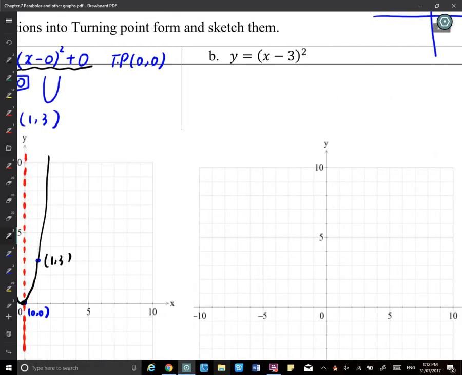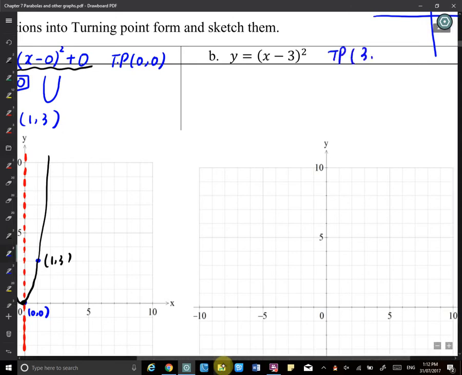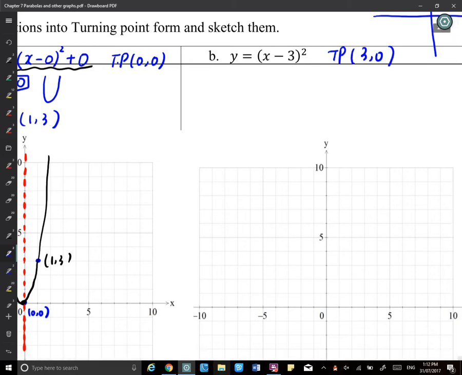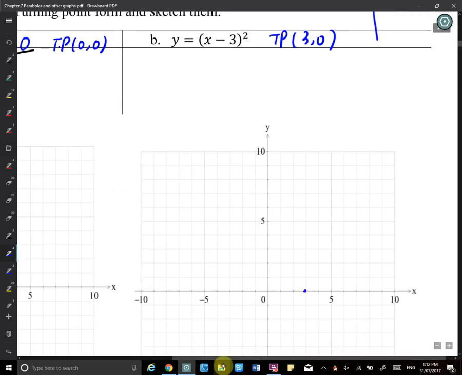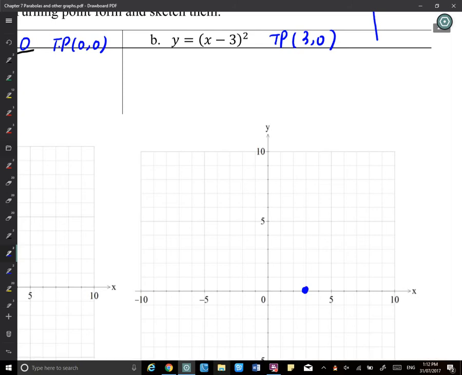Okay, can anyone tell me what the turning point is in this case? 3, 0 is the turning point. Let's label the turning point 3, 0. What's the line of symmetry of this graph? X equals 3.